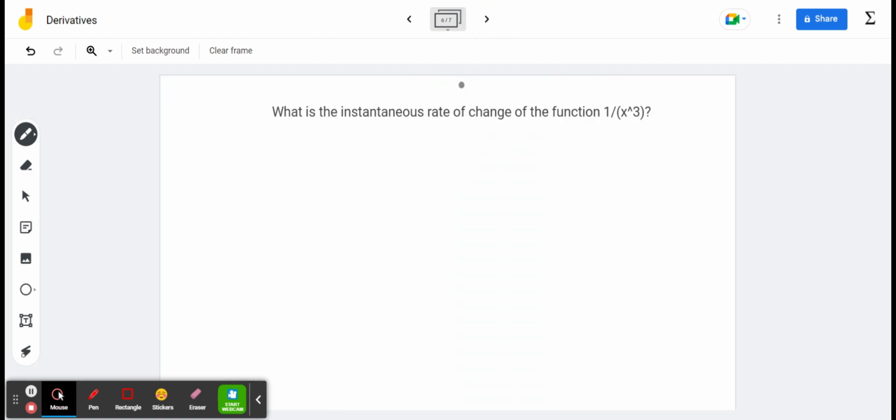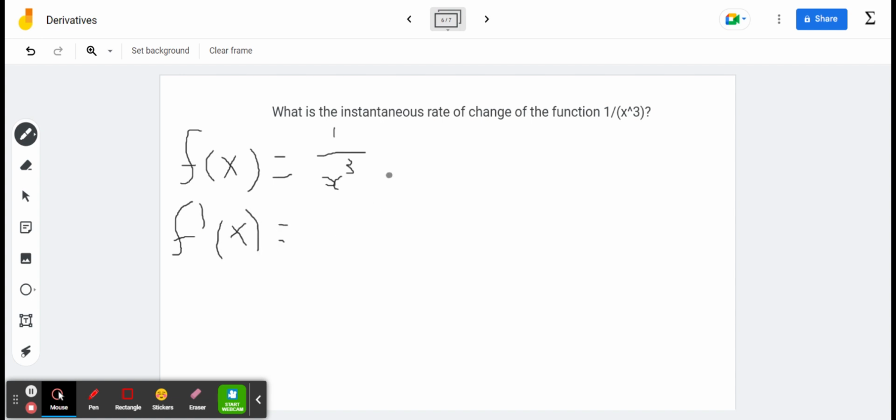Okay, next. What is the instantaneous rate of change of the function 1 over x cubed? So let's write our function. f of x equals 1 over x cubed. So once again we're asked to find the instantaneous rate of change.